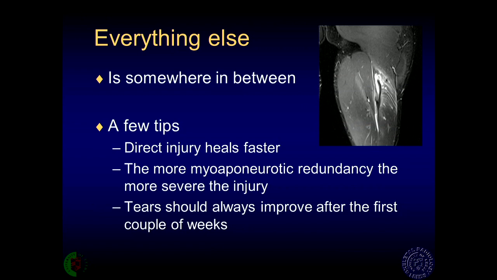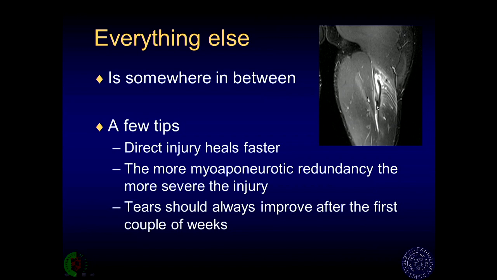I've got a few tips for when you're grading these tears. First one is direct injuries always heal faster. So although they look dreadful, they're a lot quicker to heal than the indirect injuries. The more myoaponeurotic redundancy you see, the more severe the injury. So when you see the myoaponeurosis is not straight, it's irregular and slightly redundant looking, then that's a higher grade injury.